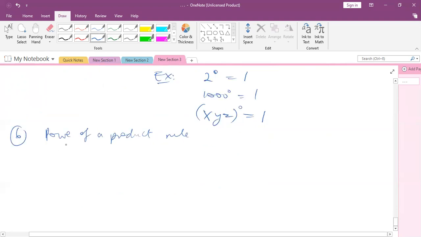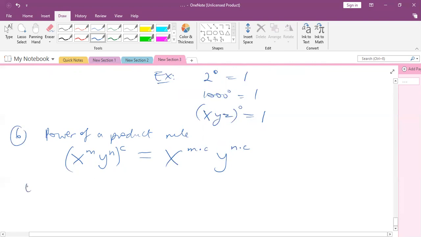So let's assume that I have x raised to the power m, and then another base y raised to the power n, and the whole thing is raised to the power, let's say, c. Now you take each base at a time, and then you multiply out the exponents. So you have x raised to the power c times m, so it's m times c, or mc. And then the other base, take that and multiply out the exponents. That's the power of a product rule.